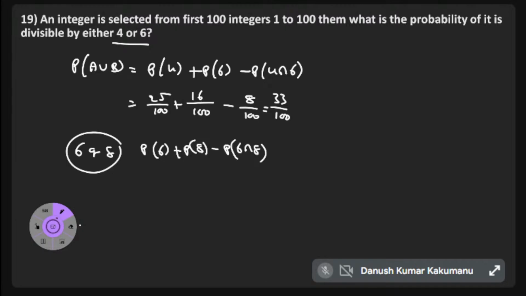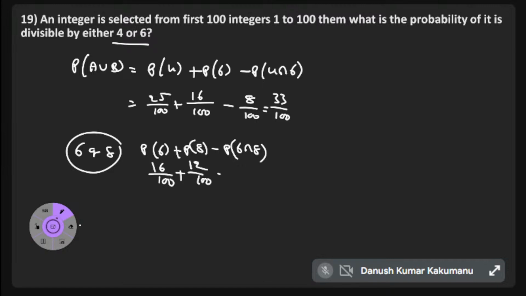How many are divisible by 6? 16. Yes or no? Everybody is active only, na? Anybody going to sleep? All right. 16 by 100. How many are divisible by 8? 12. 12 by 100.